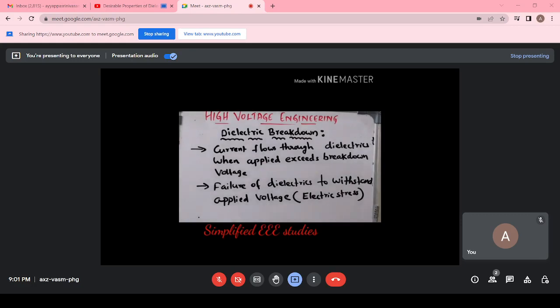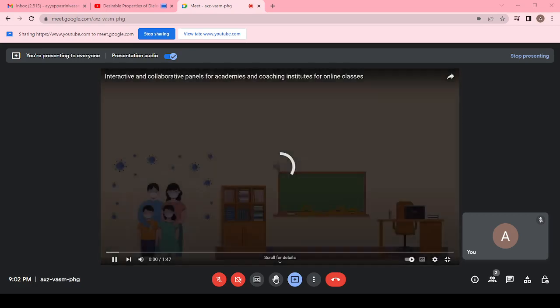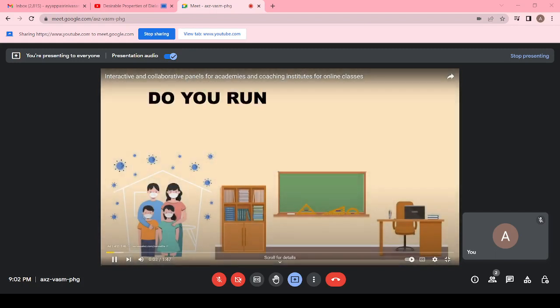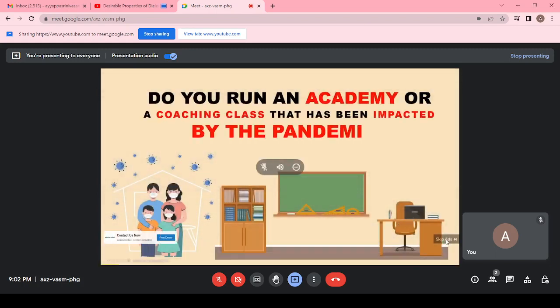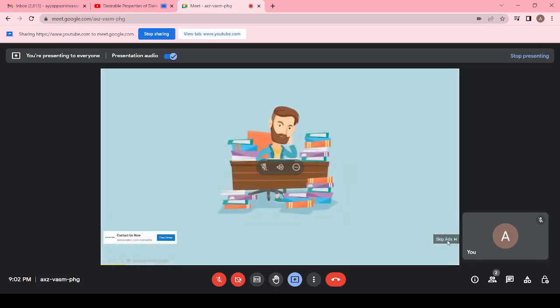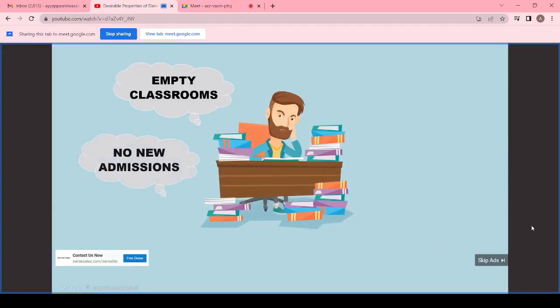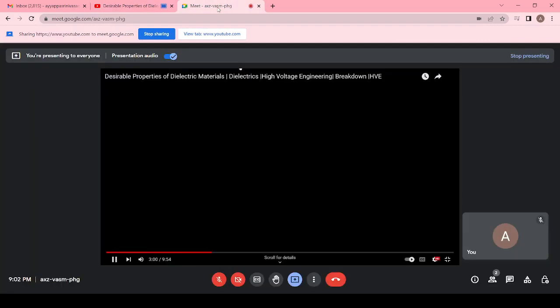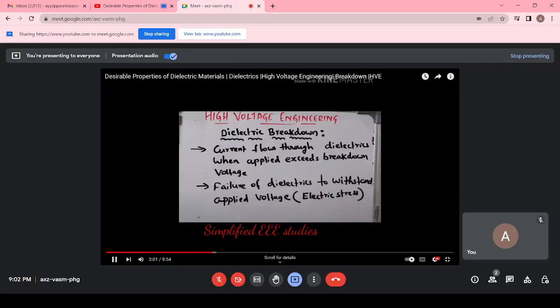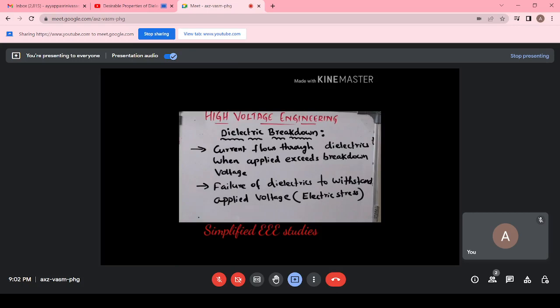That means you have one dielectric material, and you are applying high voltage across that particular dielectric material. If the applied voltage exceeds the breakdown value of that material, the dielectric breakdown has happened.